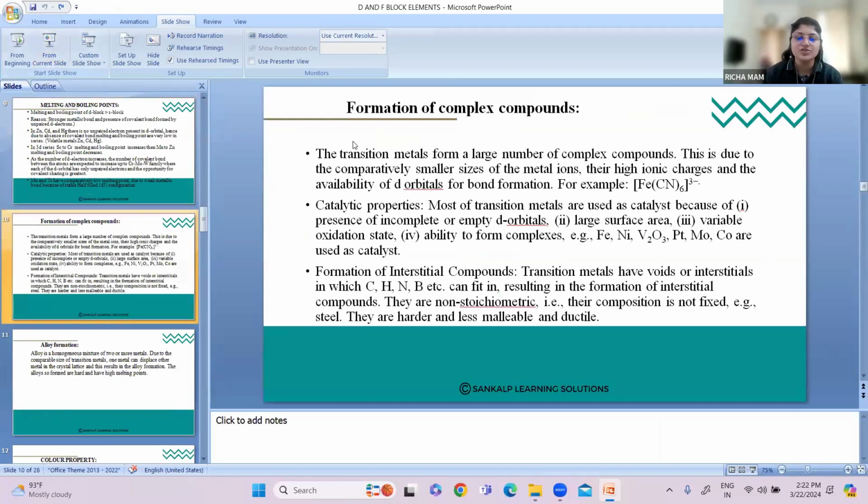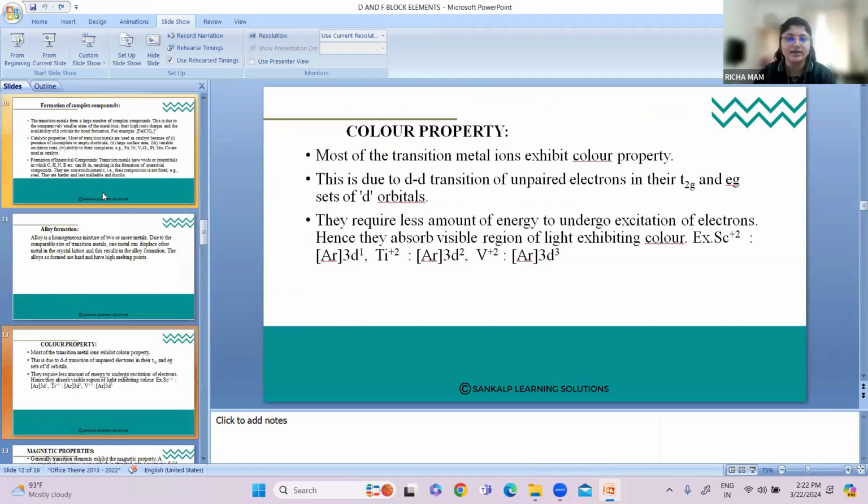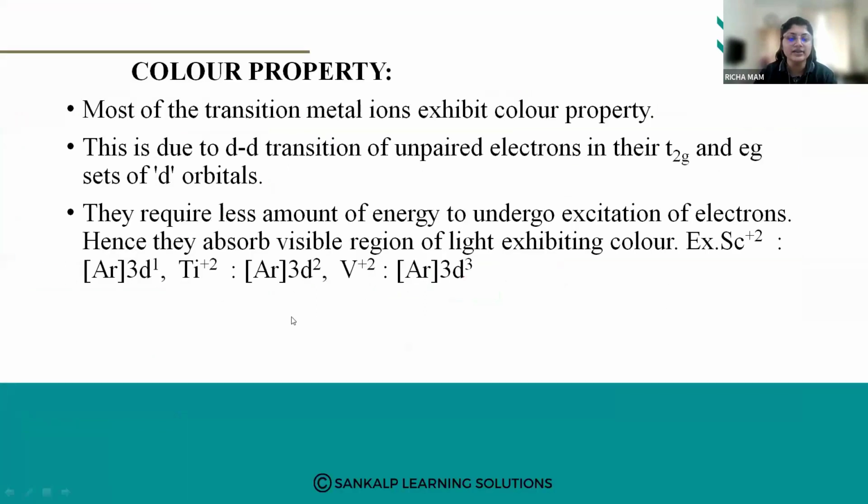Whatever transition metals there are, all these transition metal compounds are colored. They are colored in their solid state as well as in their aqueous state. They absorb a particular frequency of radiation from the visible region of light.